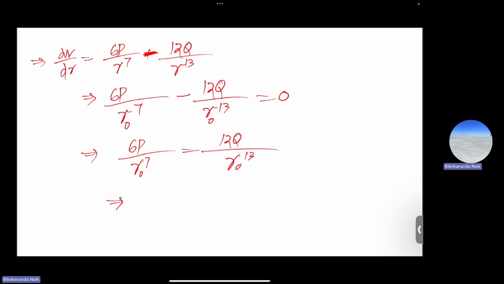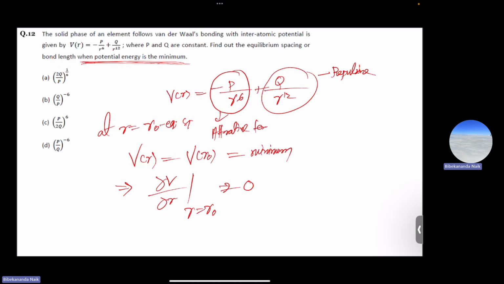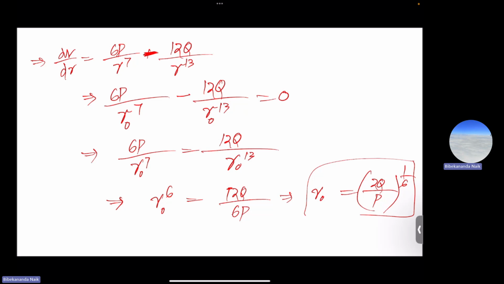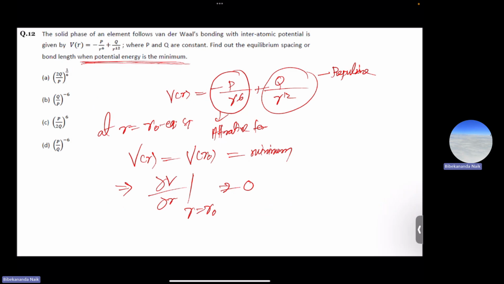Then r0 to the power 6 is equal to 12Q by 6P. That implies r0 is (2Q by P) to the power 1 by 6. So this is the value of equilibrium distance at which the potential energy is minimum.